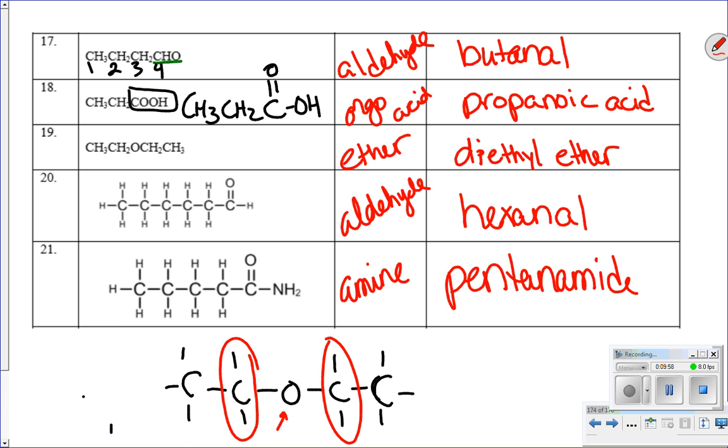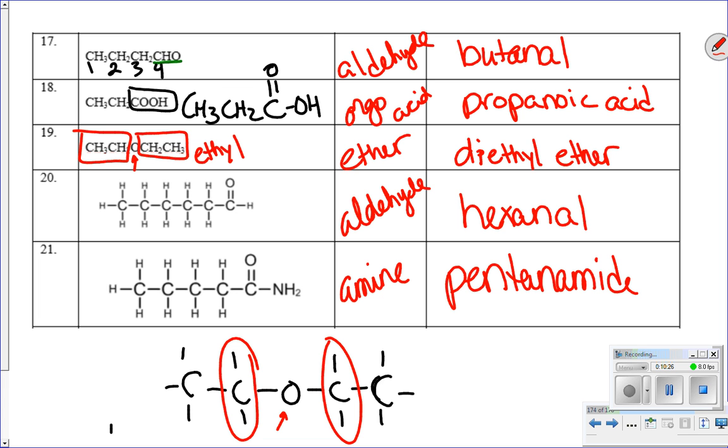So that means that guy's got to be just a single bond in that chain. So we have our one O here in the middle. To contrast that again, in a ketone, you tend to see a CO in the middle because that C is double bonded to that O, so it doesn't have any other H's on it. So this is an ether. On this side of the ether, I have an ethyl group. And on this side of the ether, I have an ethyl group, so I'm going to call this diethyl ether.